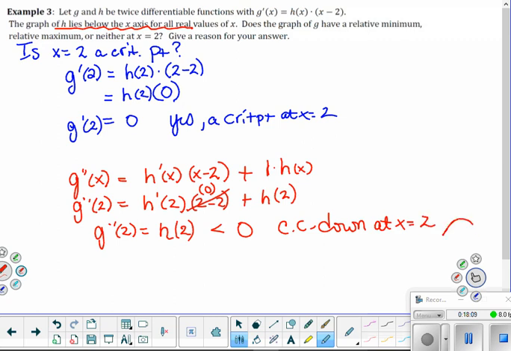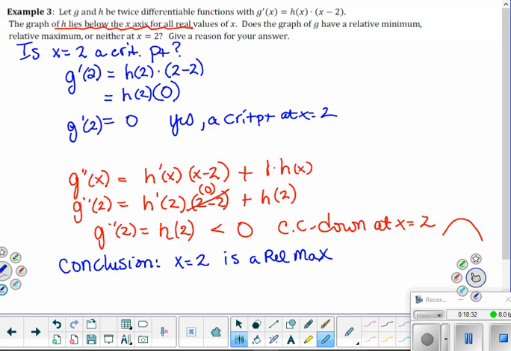So concave down, draw it. That's going to lead us to the conclusion that x equals 2 is a relative max.